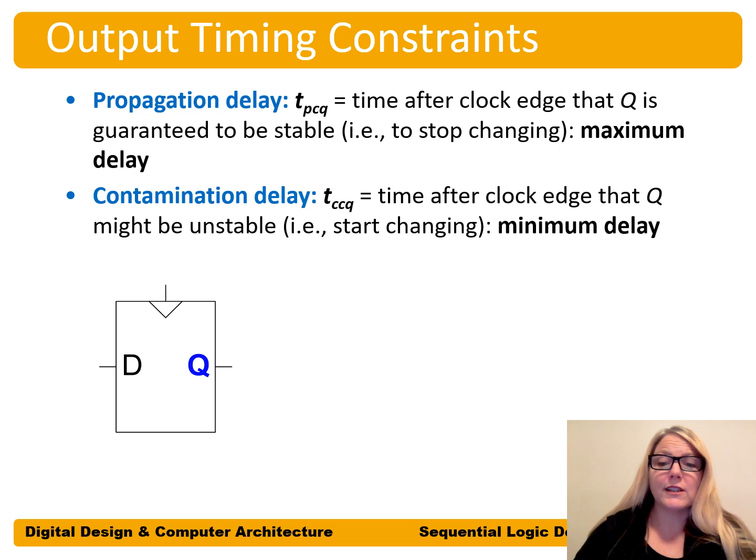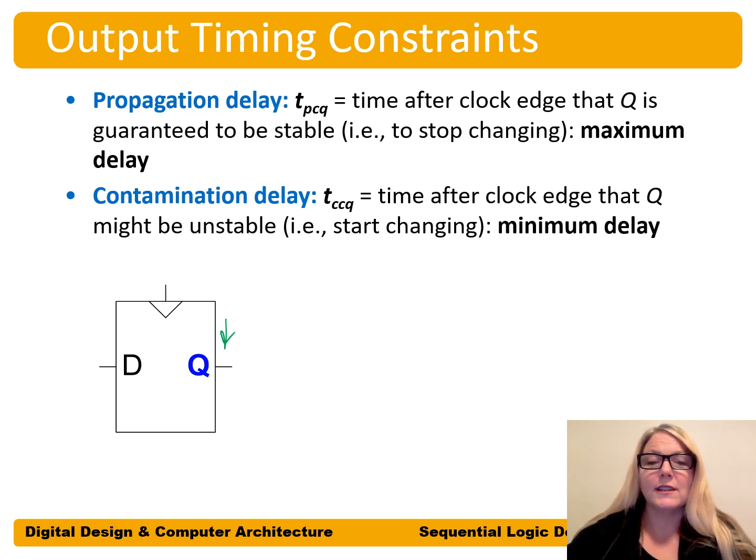The output timing constraints are how long after the clock edge that the output Q changes. And so remember that our output Q changes according to the clock edge, not D, right? D changing will not change the output of Q until we get a clock edge.